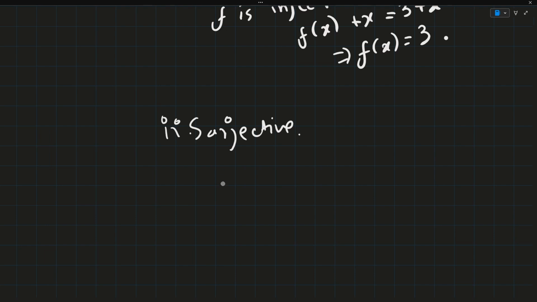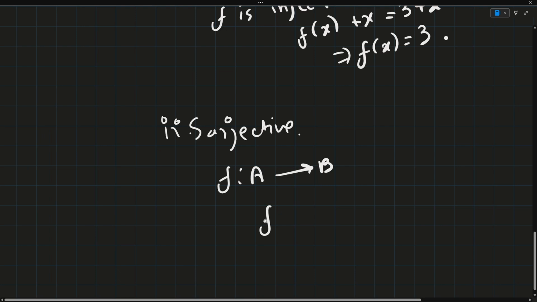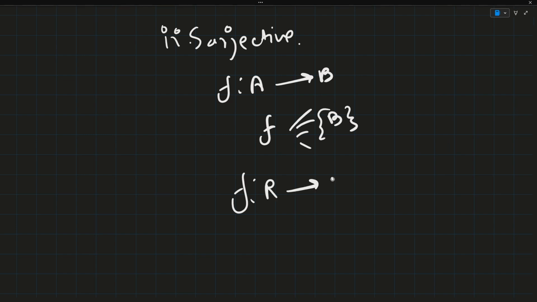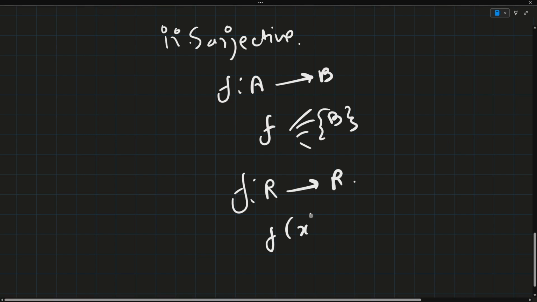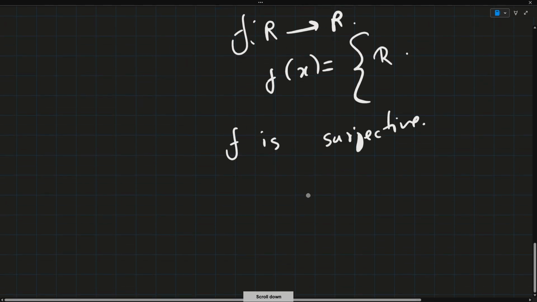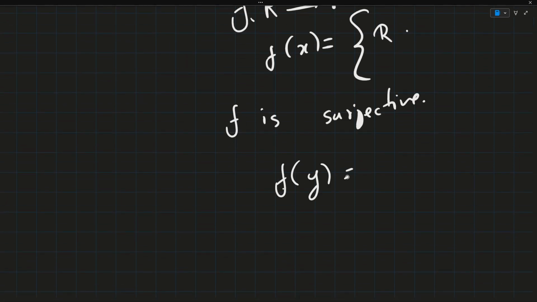Another useful definition is a surjective function. Let's say a function f from A to B is surjective if f takes all the values of set B. Let's say f is from R to R, then f of x can equal any value from R. Now if you prove f is surjective, then you can take f of y equal to alpha of any choice.